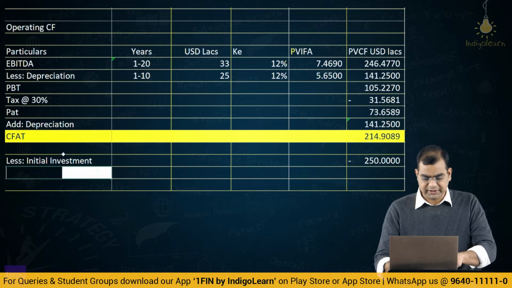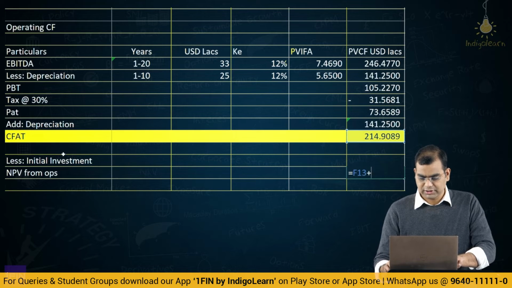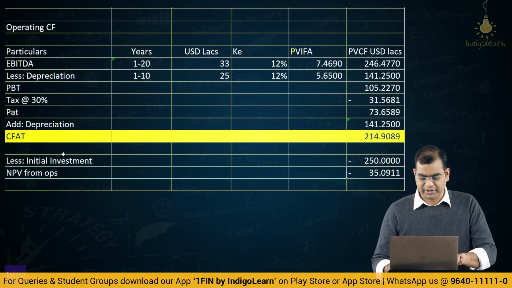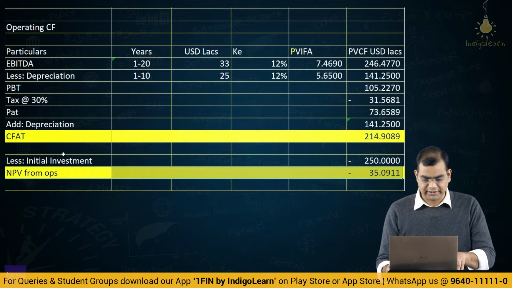So, NPV from operations is a negative number, minus 35.0911. So, NPV from operating cash flow is this much.